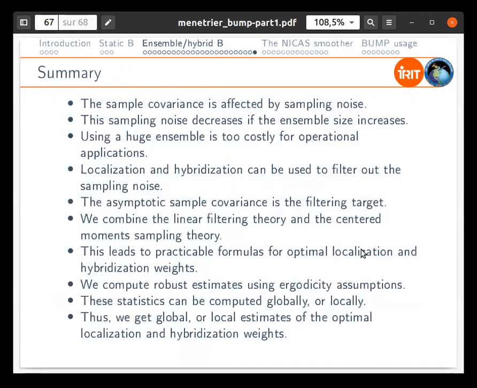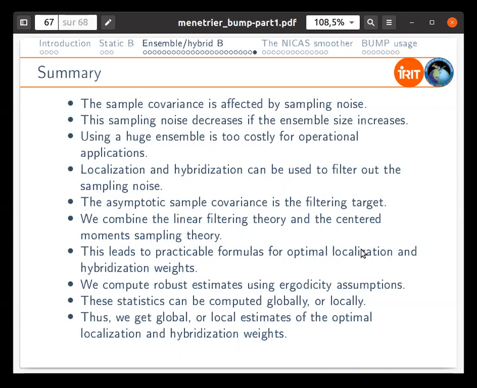So this is the final summary. The message you should take home is that the sample covariance is great because we can get a flow-dependent covariance matrix with an ensemble, but it's affected by sampling noise. This sampling noise decreases if the ensemble size increases, but we are not rich enough to get very big ensembles. So we need to apply localization and hybridization to filter out the sampling noise.